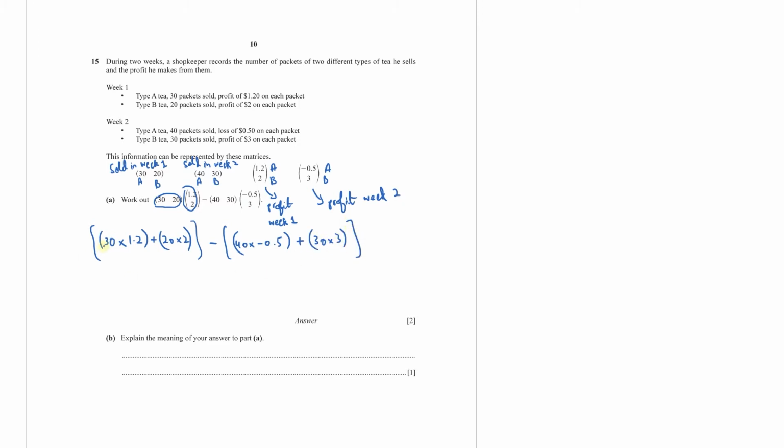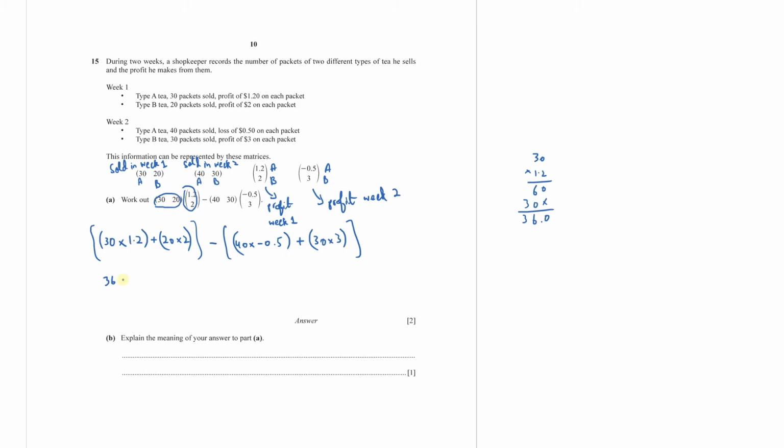Now you'll solve this. 30 times 1.2 is 36.